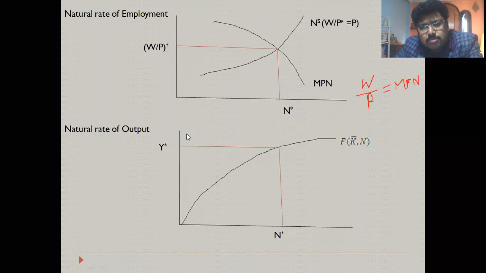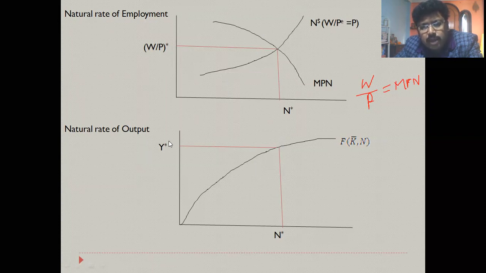And in part B, this is the production curve. This is the production function. The production function is a function of capital and labor, and capital is fixed here, and labor is changing. So on the basis of part A, we get the output.